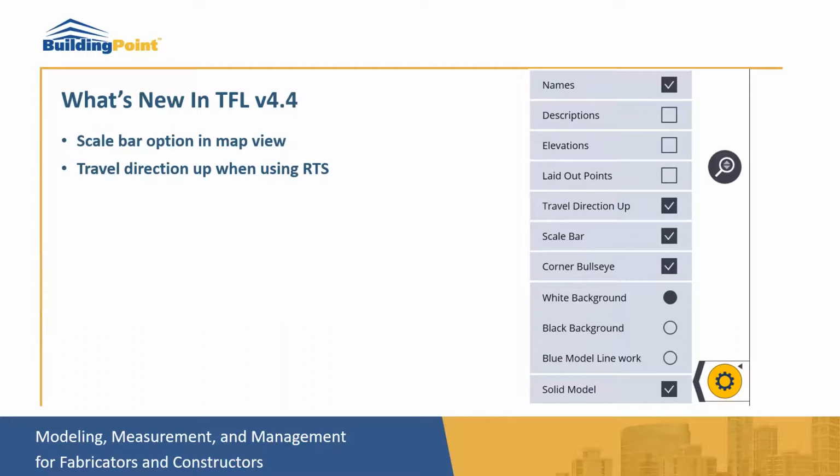It's another nice feature where the background file will automatically pivot or adapt its orientation in the direction in which you're traveling, so it can make it a little bit easier to understand if you're walking across the job site to a point, making sure that the drawing has rotated and is in position with the actual position of the site. Some people will like it and some won't, but you can turn it on or turn it off, as you see here with the map options in the travel direction up checkbox.